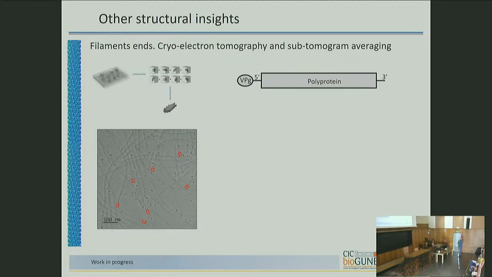This is just a curiosity because we started this. The idea is, of course, this is the average of the filament, but what happens at the ends of the virus, how it is capped, nobody really knows. So we decided to look, because in 2D you miss a lot of different projections, so you need to have tilting somehow.